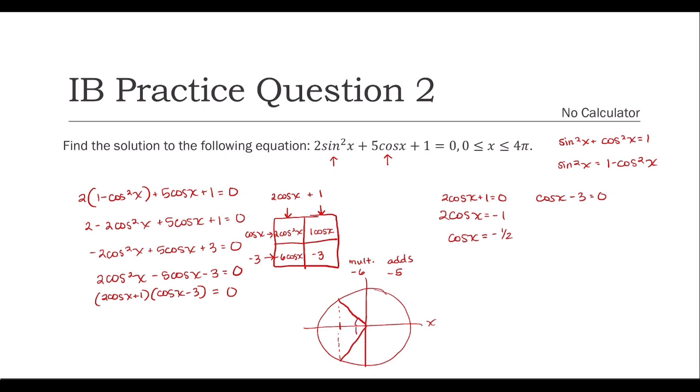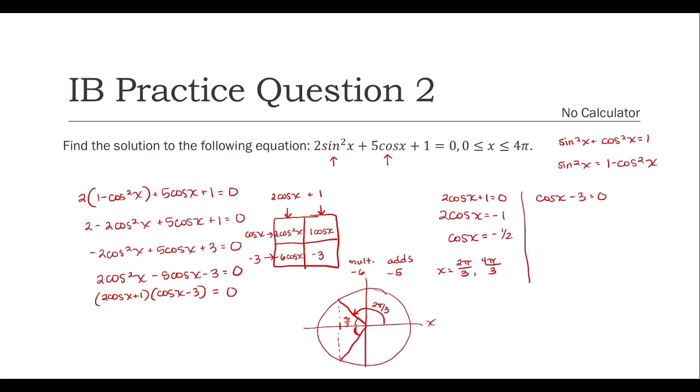So our reference angle would be pi over 3. So this angle here would be 2 pi over 3. And then this angle here would be pi plus pi over 3, so this would be 4 pi over 3. So we have 2 pi over 3 and 4 pi over 3.